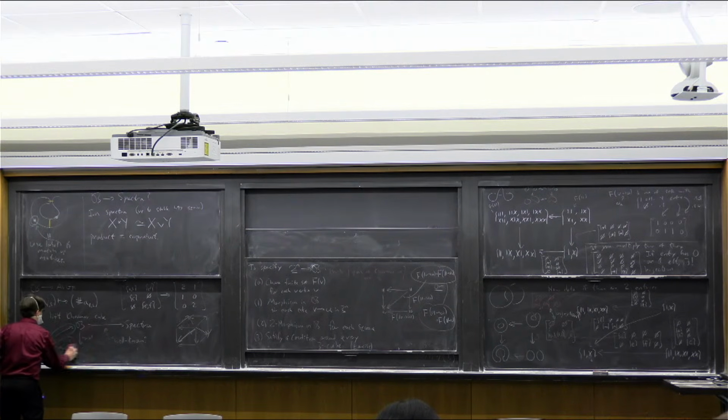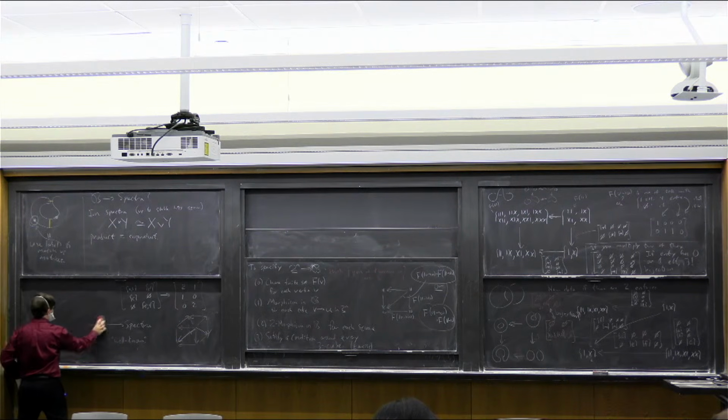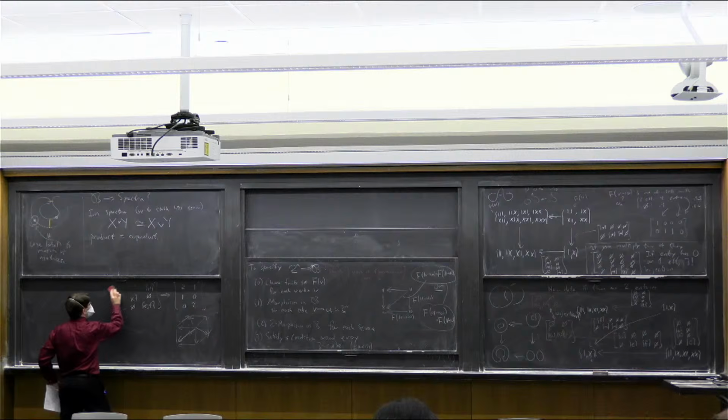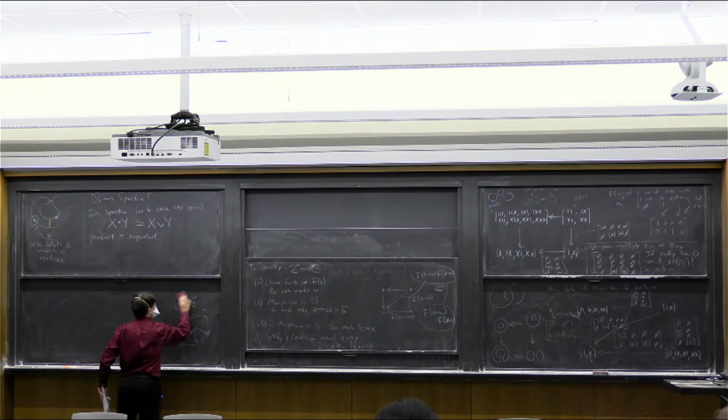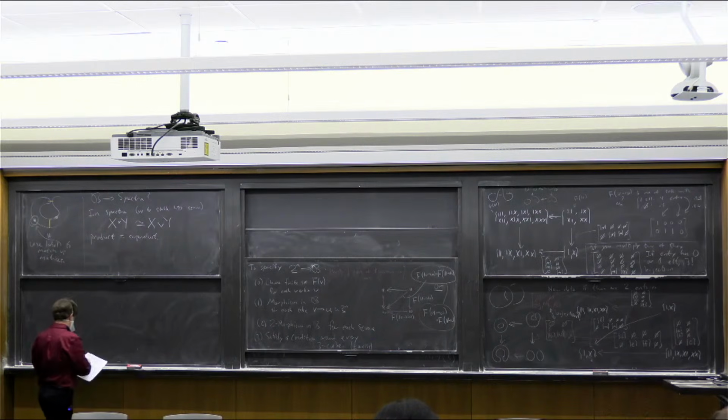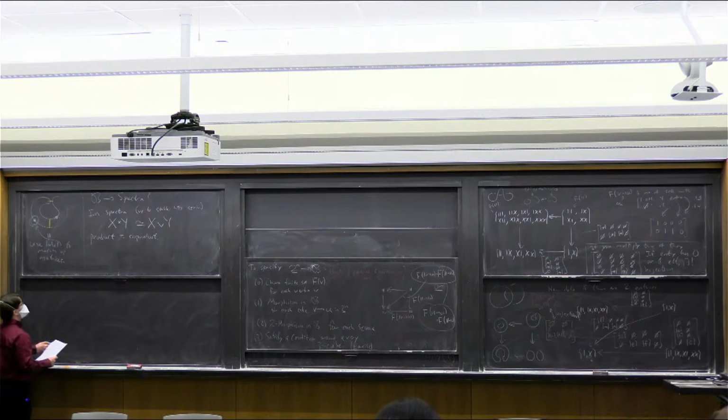That's just like in abelian groups. In abelian groups, the product and the direct sum are the same thing, for finitely generated abelian groups. Okay. So I'm going to pretend these are exactly the same thing.